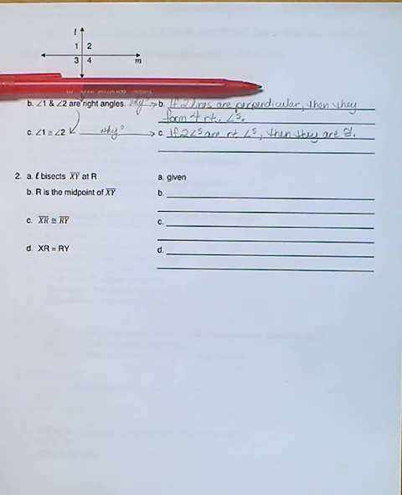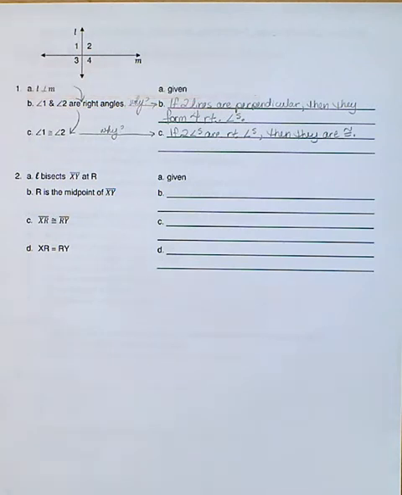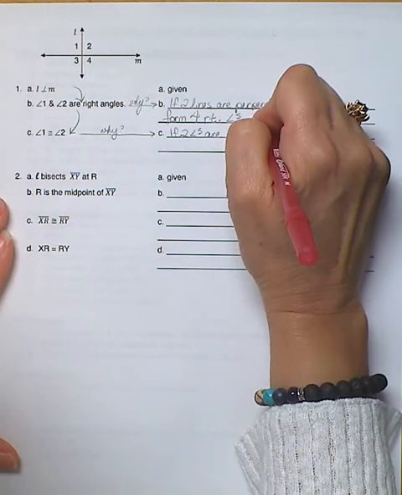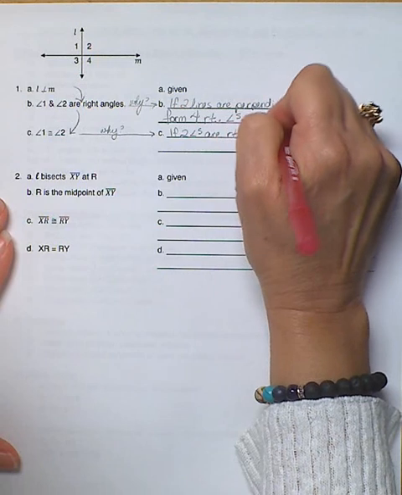I know some of you are going to look for the shortest way to write these. Again, if you write them shorter, the if-then trick you should probably still be doing in your head. So here is the shorter version. Perpendicular lines form four right angles. Okay, so that's a theorem.